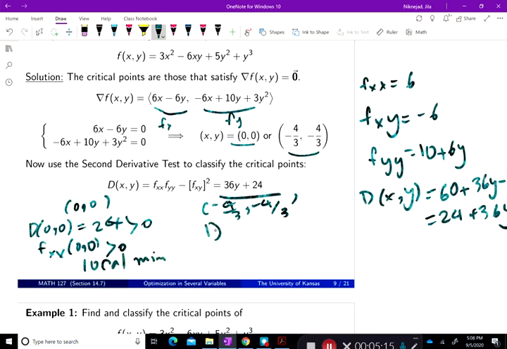Here, if I find the discriminant at negative 4/3 and negative 4/3, it's going to be 36 times negative 4/3, which is negative 12 times 4, which is negative 48, plus 24. It gives you negative 24. This is a negative value, so a saddle point.